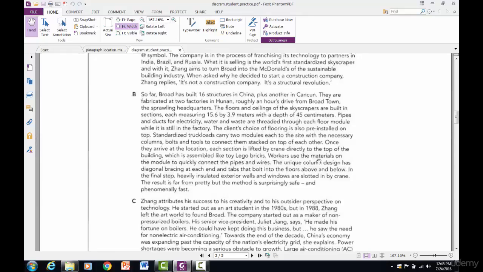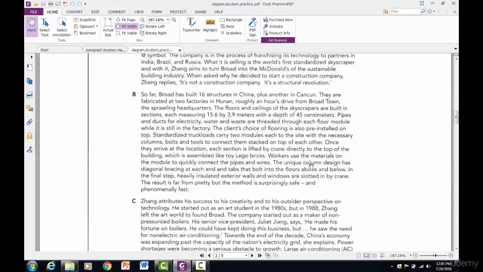The answer is column. Right? The column has diagonal bracing at each end. At each end is a synonym for top and bottom. Okay? At each end, right here, at each end is a synonym for top and bottom. So what's at each end? A column. So the answer is column.